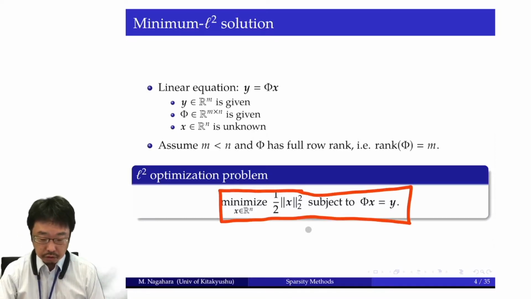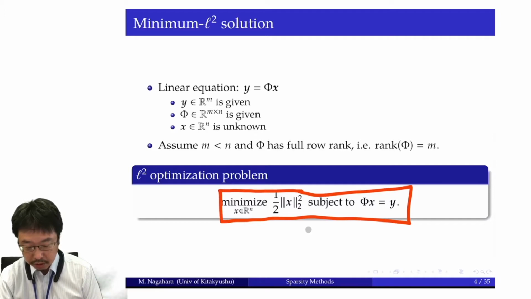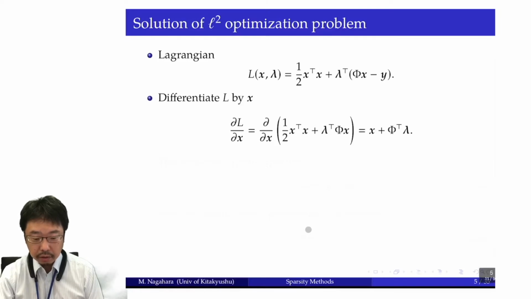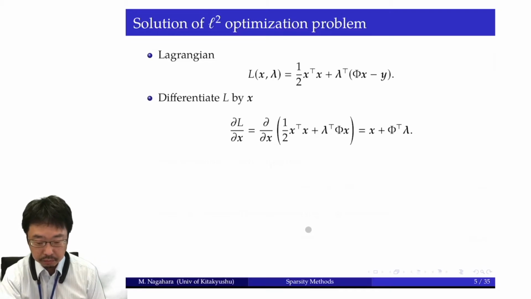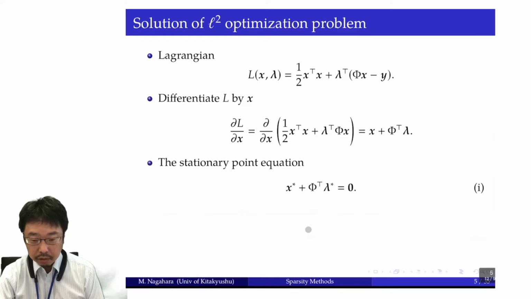The optimal solution of this optimization can be obtained in a closed form. Let's solve this. First, consider the Lagrangian L(x, lambda). Then, differentiating L by x gives this result. From this, we obtain the stationary point equation, where x asterisk is an optimal solution and lambda asterisk is an optimal multiplier.